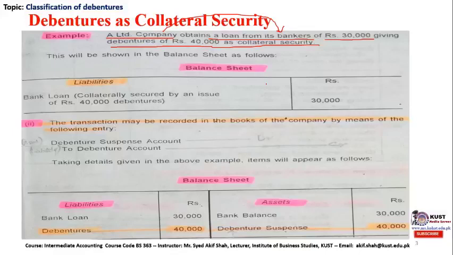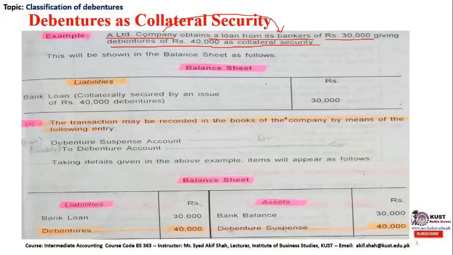So it is very normal that this bank has asked A Limited company to give debentures of rupees 40,000 as collateral security, which means that if A Limited company defaults on its obligation to pay 30,000 rupees to the bank, then these debentures will be sold by the bank to any investor who is going to purchase them.